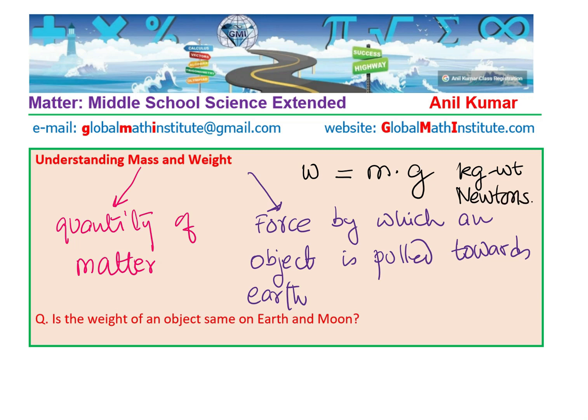So, for our middle school students, this could be slightly difficult now to understand. However, the concept I hope is clear, right? The concept is mass is related to weight, but not the same thing. Weight is the force with which this mass is attracted towards the earth. So, weight is mass into gravity, g.